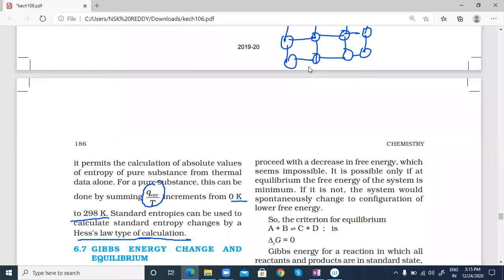At absolute zero, the entropy of a perfect crystalline substance is taken as zero. Those are the only statements here.